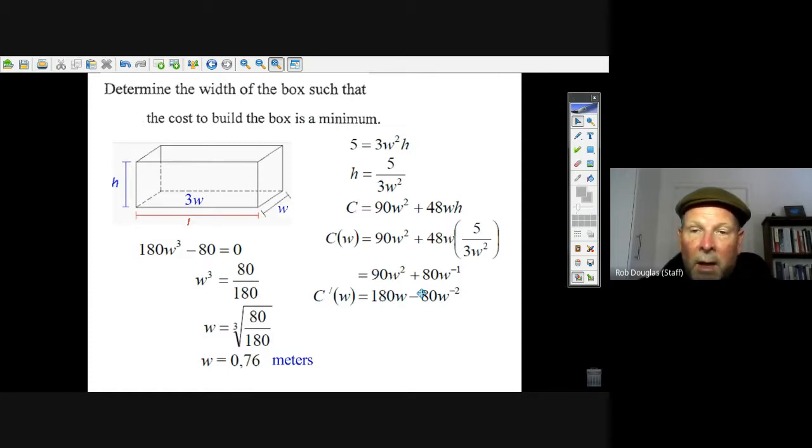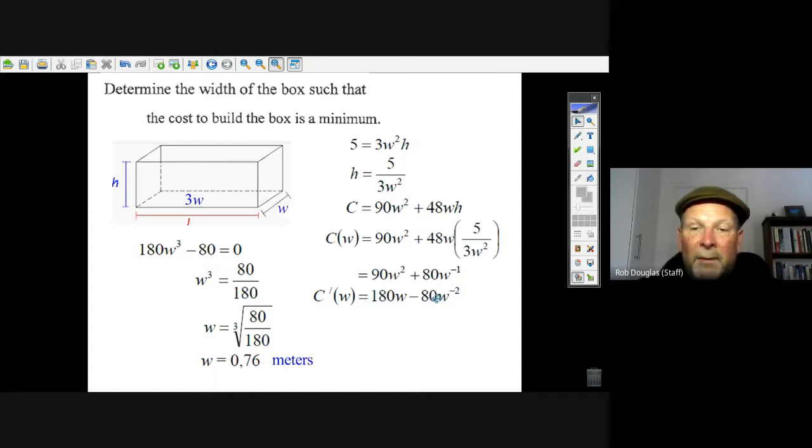But if I multiply this, negative 1 times 80, that's minus 80, and I bring the power down by 1, it's negative 2 there. Now that W to the negative 2 is really over W².